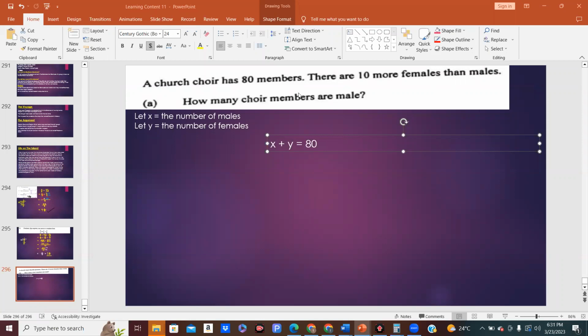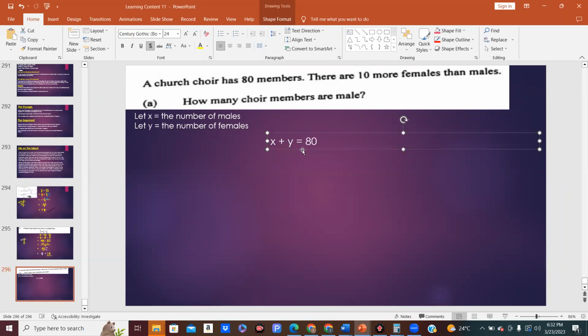We also know that whatever the number of females is, we could write that in terms of males, because it's going to be 10 more than the males. So, Mr. Petit, that means altogether that's 60 females and 20 males.